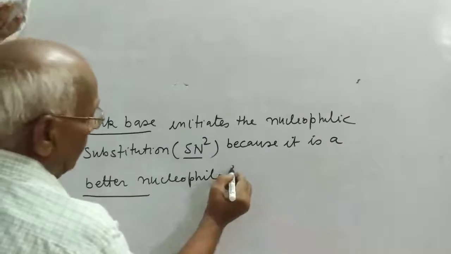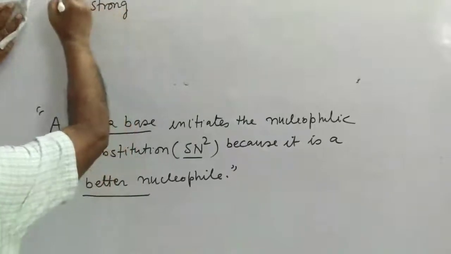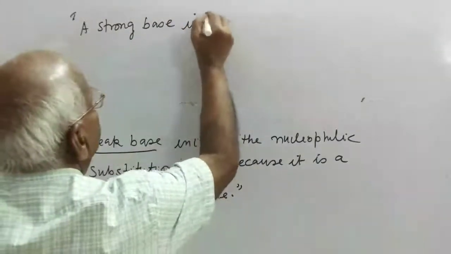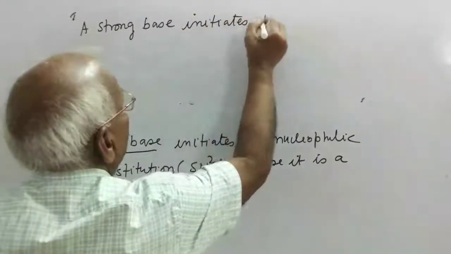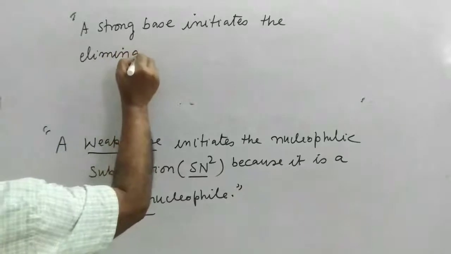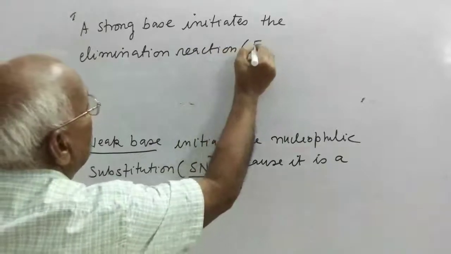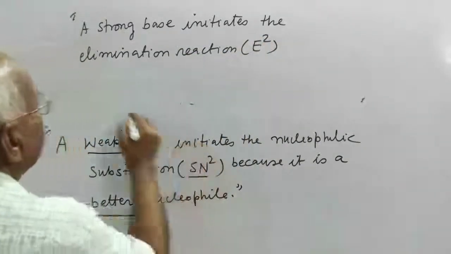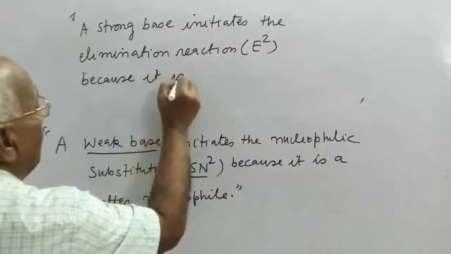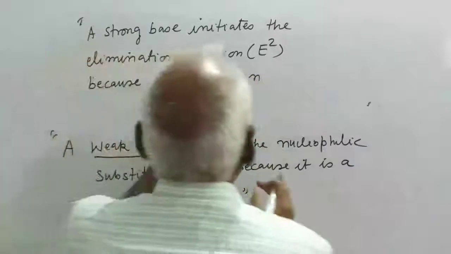Next observation: a strong base initiates the elimination reaction E2 because it is a poor nucleophile.